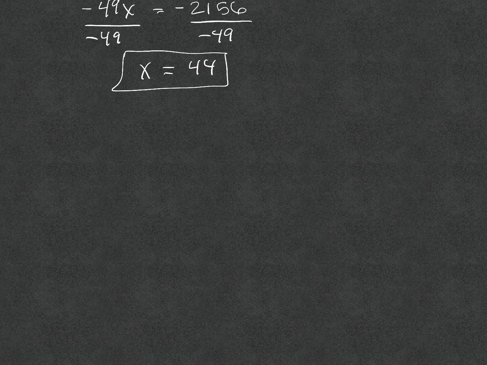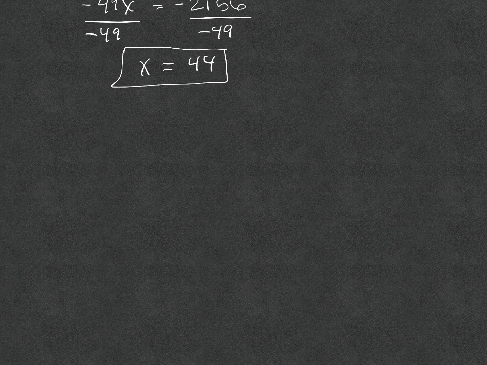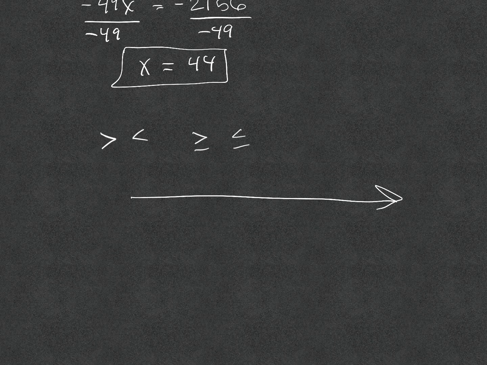Now let's look at linear inequalities. Inequality symbols are greater than, less than, greater than or equal to, less than or equal to. In primary math, you learned that you had a number line, and hopefully that's the origin.